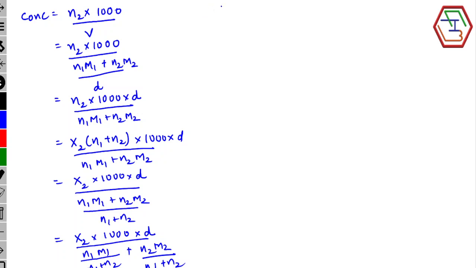So it can be written like this. C2 is equal to mole fraction into 1000 into density divided by mole fraction of component 1 M1 plus mole fraction of component 2 M2. Okay.